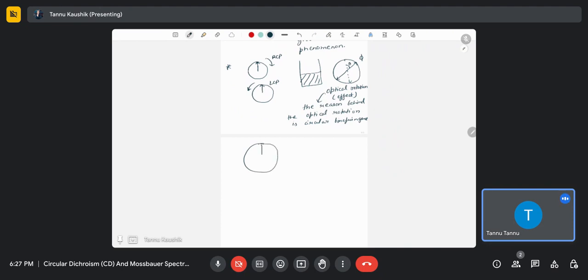This phenomena with the right hand circularly polarized light, and out of this right hand circularly polarized light and left hand circularly polarized light, if this LCP is absorbed by the sample, giving us a difference in their absorbance, is called circular dichroism.